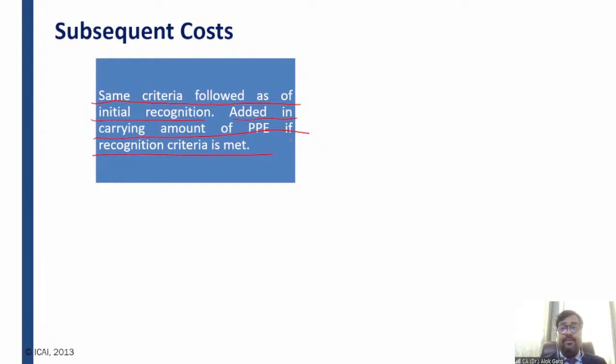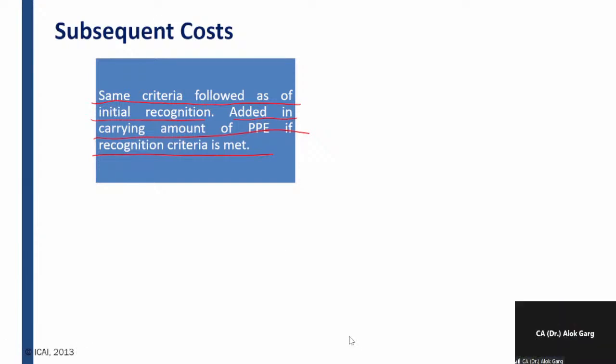I mean to say, if you are just replacing the engine of the truck, then you need to see whether the cost can be measured reliably. The answer is yes. Whether future economic benefit is probable. The answer is yes, because if you do not replace the engine of the truck, you will not be able to use that truck, and then you will not enjoy the future economic benefits.